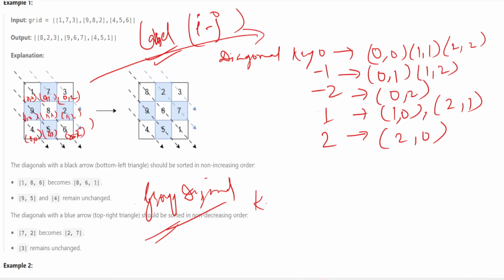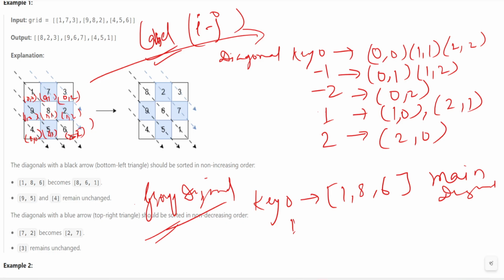Let's suppose we talk about key 0. The key 0 values are 1, 8 and 6, and this is our main diagonal. Then if we talk about key -1, the values are 2, 7, and it is above the main diagonal.